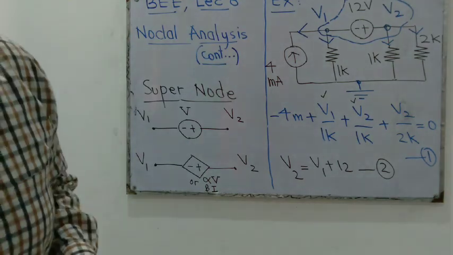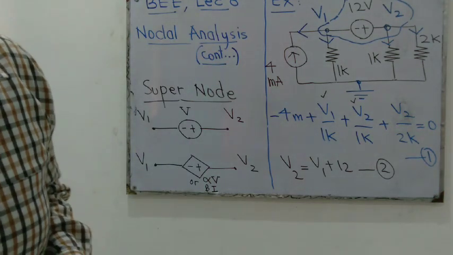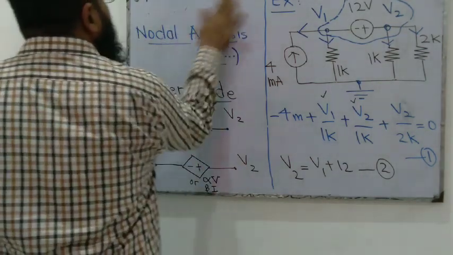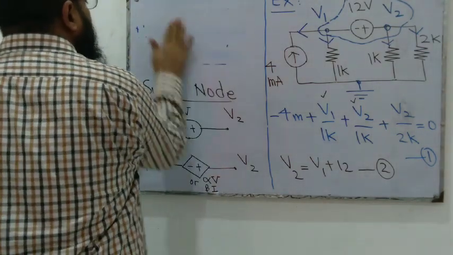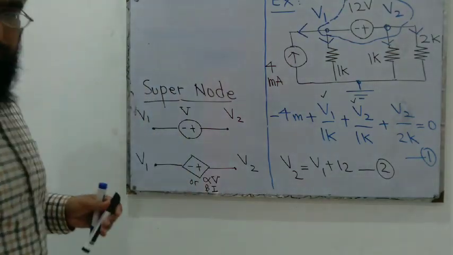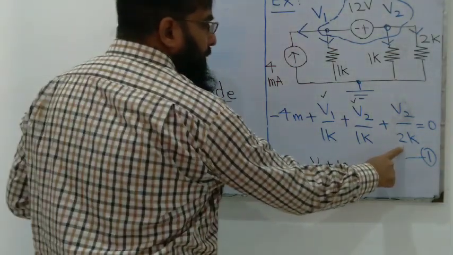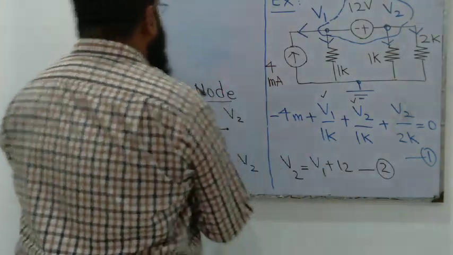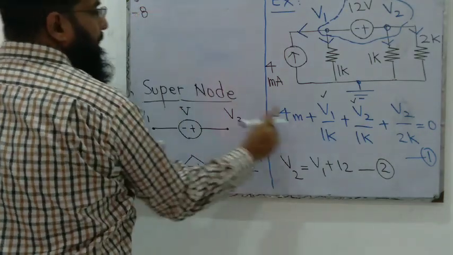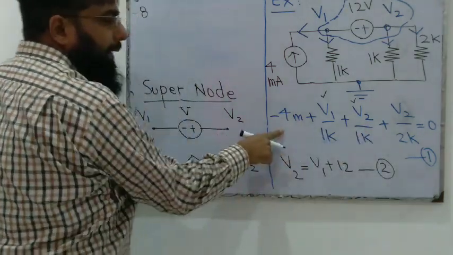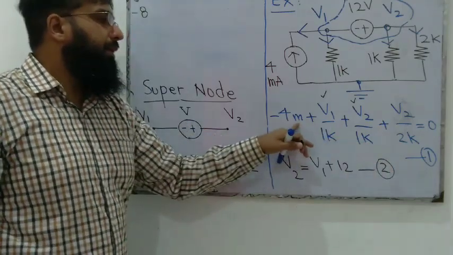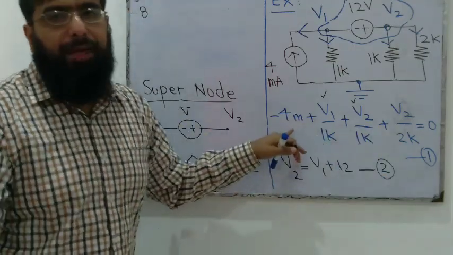Once solved, you know how to solve this. We'll multiply this by 2k throughout. This will come minus 8. This 2k multiplied by minus 4 milli, 4 2s are 8. Milli cancels with k. Milli multiplied by k is a 1.